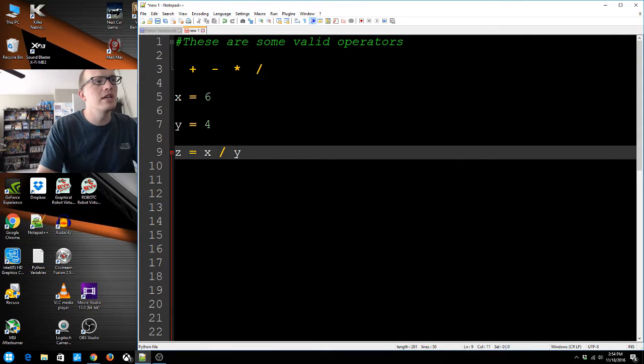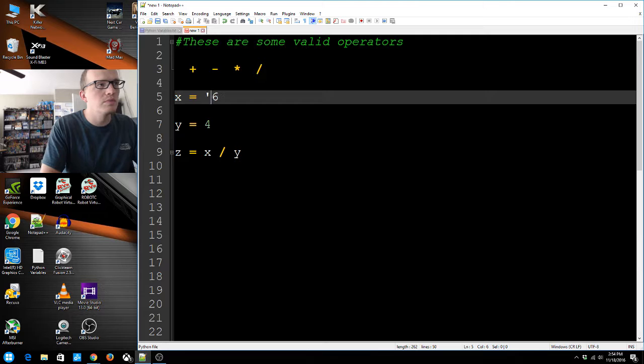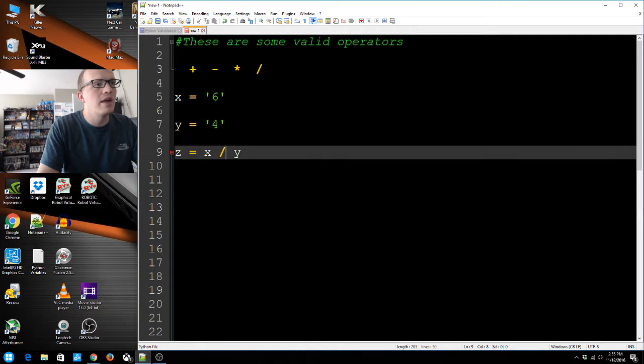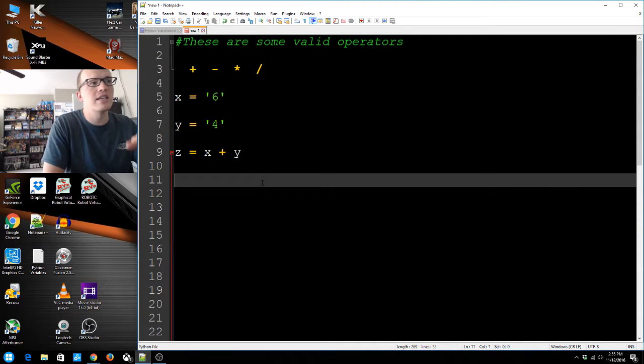Now, here's an interesting thing. If we were to change these variable types to strings, all right, so now these are no longer the number 4 and the number 6. These are equal to the string of 6 and the string of 4. Remember, it's like you're writing it on a piece of paper. It has no value. It's more like a shape than it is really a value. So now if we were to add these two, z is not going to be equal to 10.